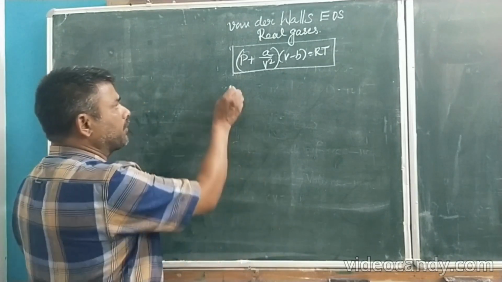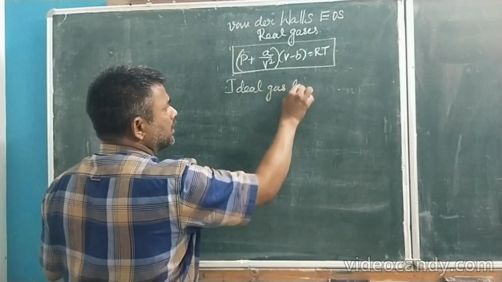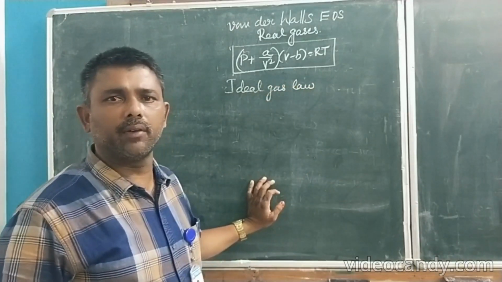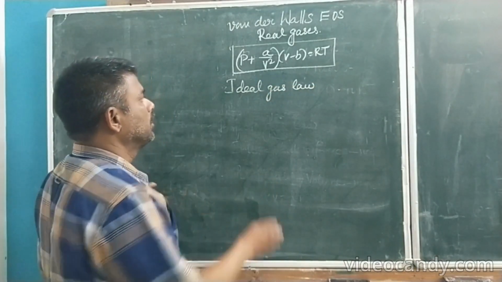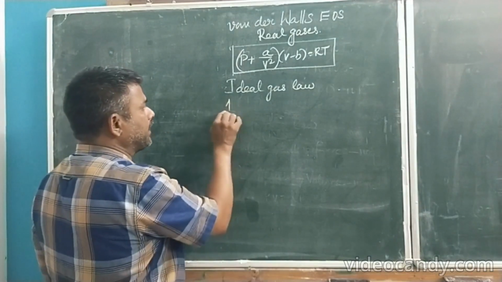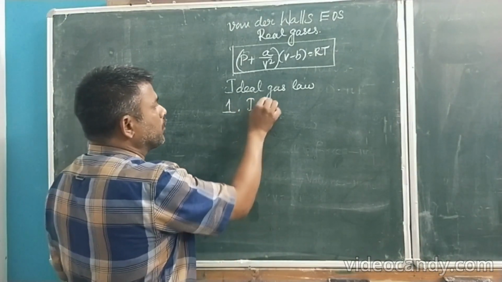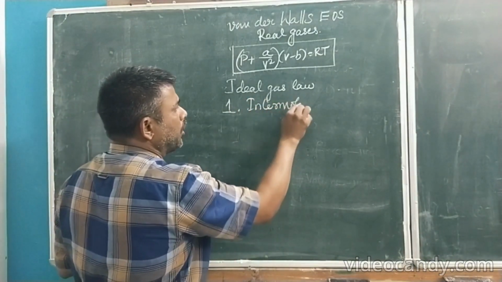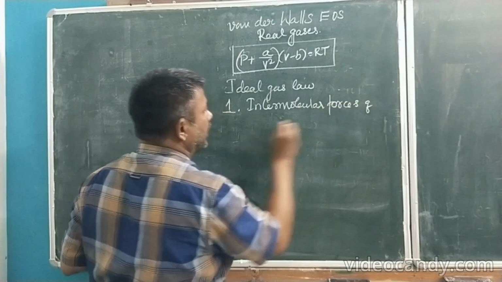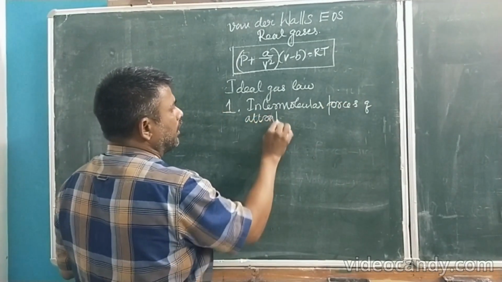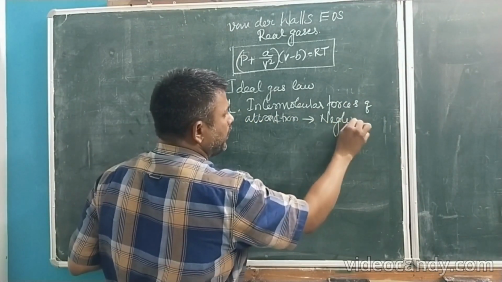Because the perfect gas law or ideal gas law fails to explain the PVT behavior of real gases. Why? There are two assumptions in the ideal gas law. Assumption number one: intermolecular forces of attraction are assumed to be negligible.